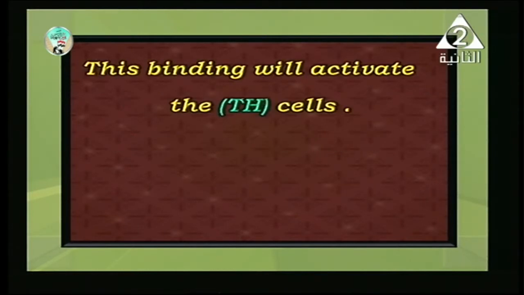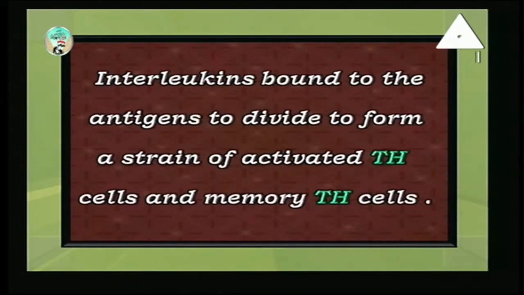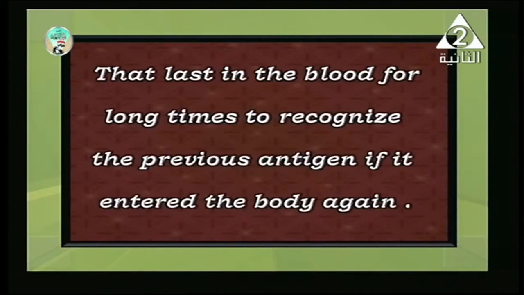This binding will activate the helper T cells, and the activation of T helper cells will release interleukins to activate the Th cells. The interleukins bind to the antigen to divide and form strands of activated helper T cells and also memory cells that last in the blood for a long time.